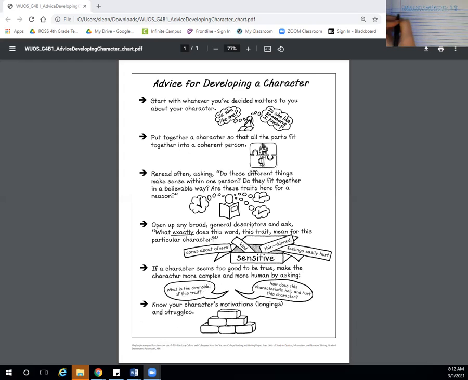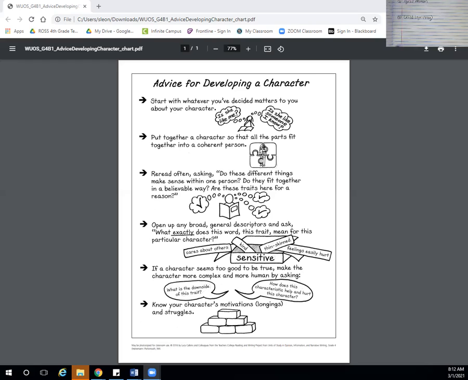So the first character I'm going to think of may be a girl or a woman. And why? Because, well, I'm a female, so that's interesting to me initially right off the bat. But then I can also think about a child, right? I said a girl, but I could say a child, and that could be a girl or a boy. Because girls and boys, children did play a part in the American Revolution.